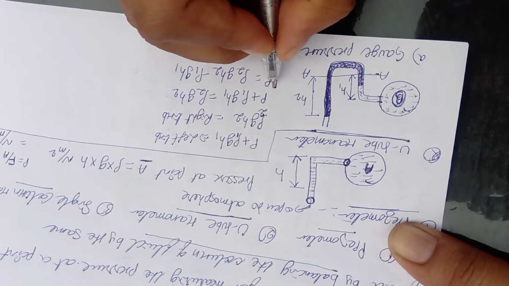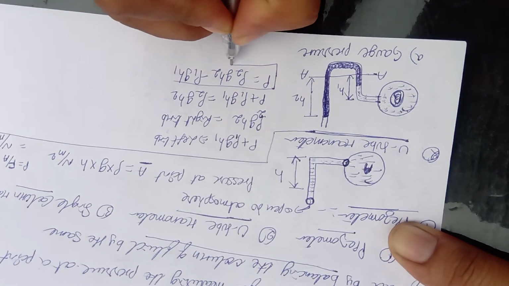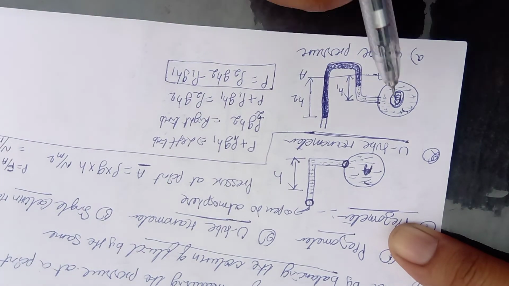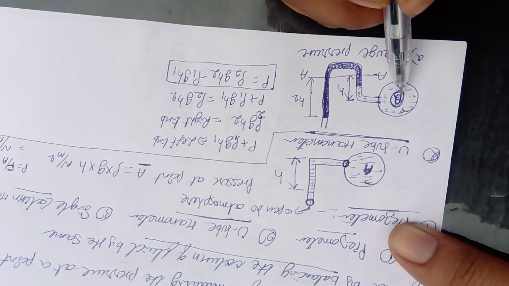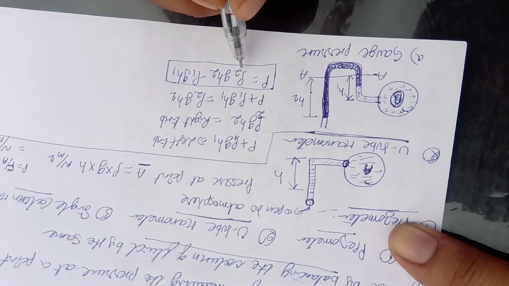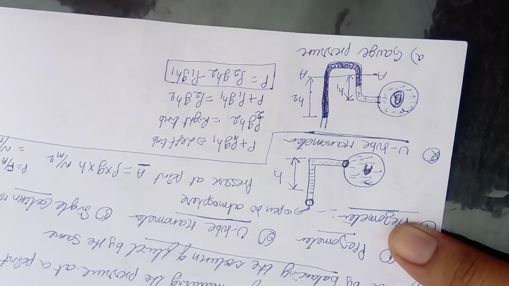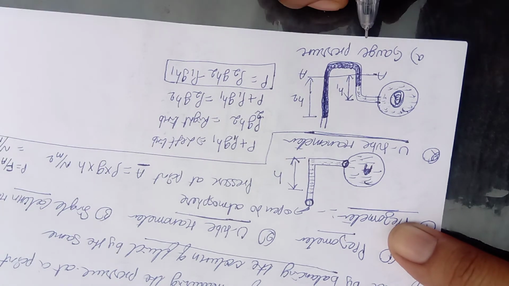This is the pressure at point B, and this is my gauge pressure.